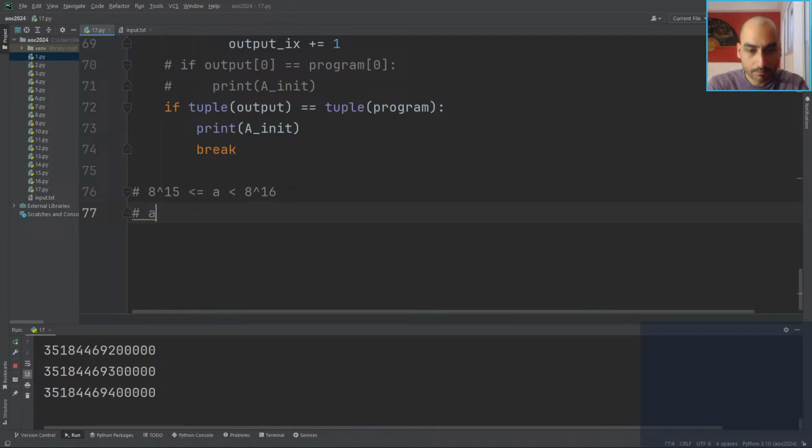A %8 XOR 2, XOR A divided by 2 to the power of (A %8 XOR 2).